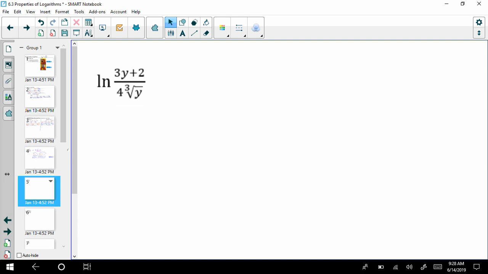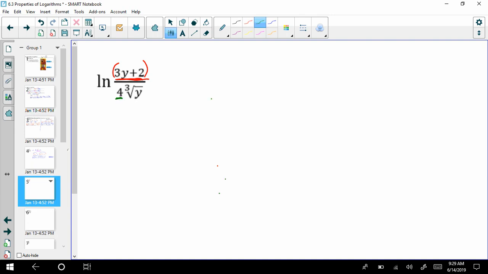Next one. How many times will I write the word log on this one? Well, because of this darn addition up here, I want you to think of that in parentheses. That has to stay as one piece. We can't break the addition up. It's only multiplication. So that 3y plus 2 has to stay as one thing.